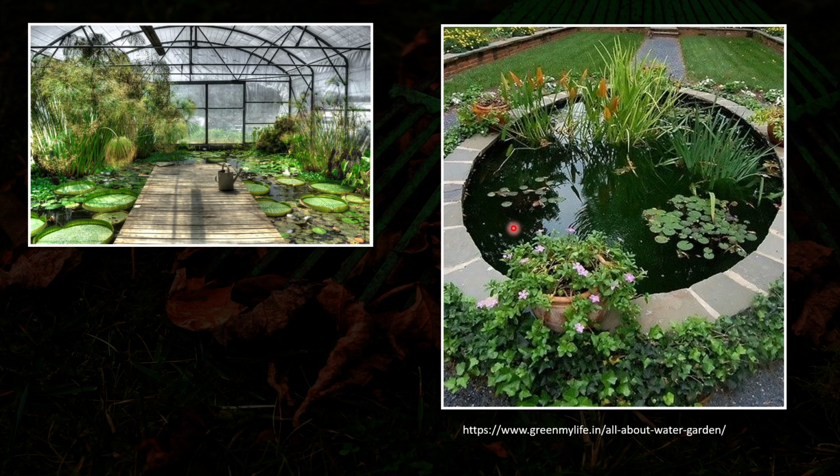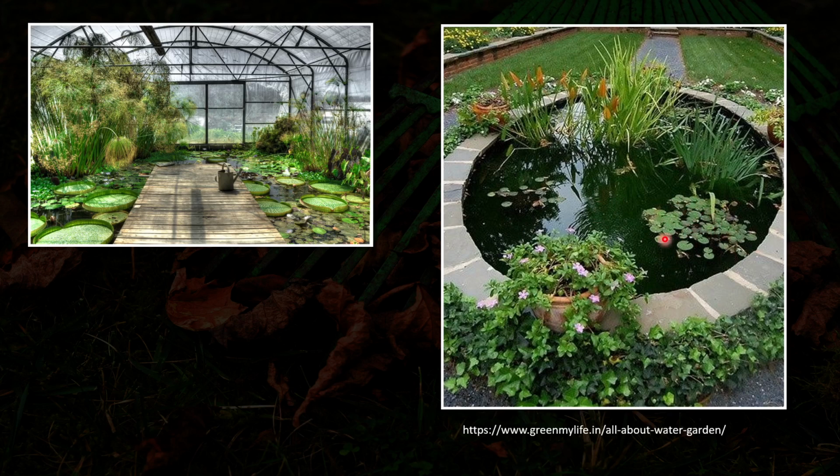So if you make a small water garden, you do not need to add floating plants, because that will fill up your water. Because if you make a garden in a bucket, you need not add floating ones, you just add the rooted floating ones and that would be enough.